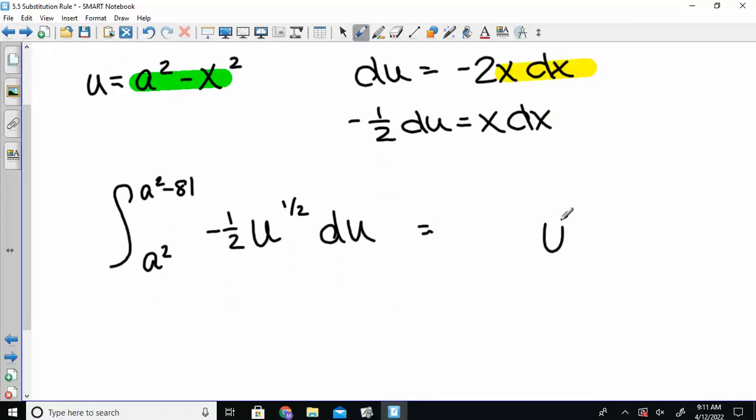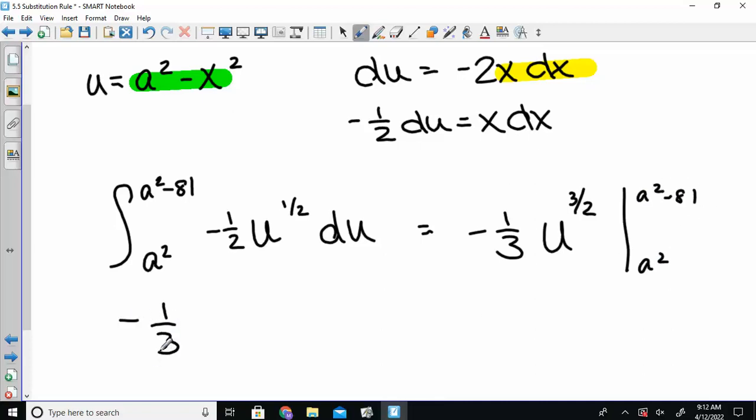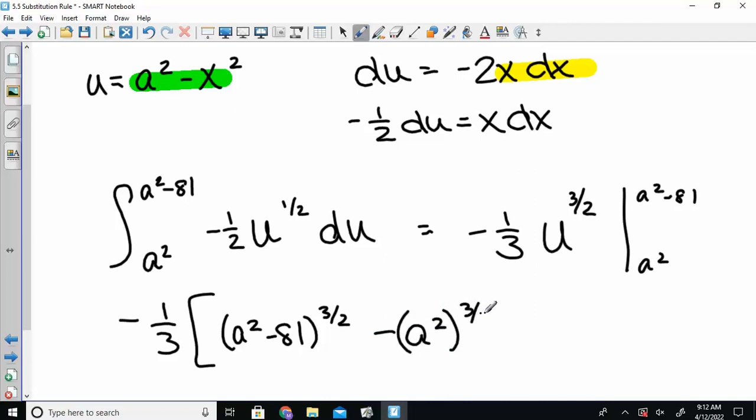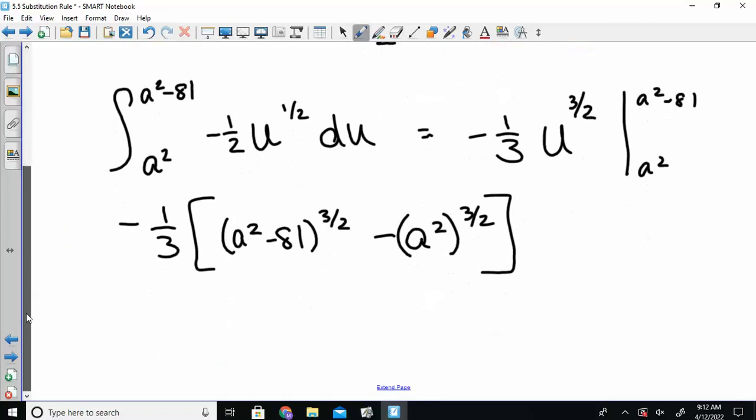So antiderivative, add 1 to the power, 1/2 plus 1 is 3/2. So that means we need a 2/3 times negative 1/2, so negative 1/3. Minus 81 to the 3/2 minus a squared to the 3/2.